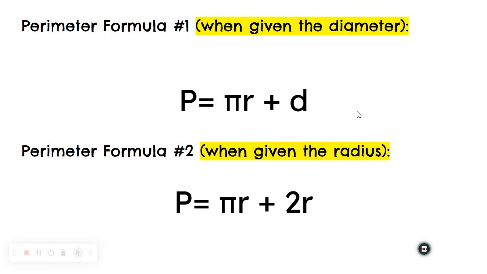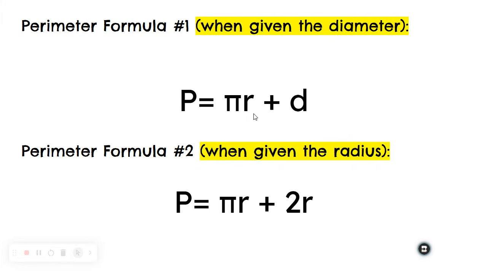We have 2 formulas once again. We have the perimeter formula when given the diameter, and we have the perimeter formula when given the radius. If you are being asked to find the perimeter of a semicircle and it gives you the diameter, your formula is to take pi times the radius plus the diameter.